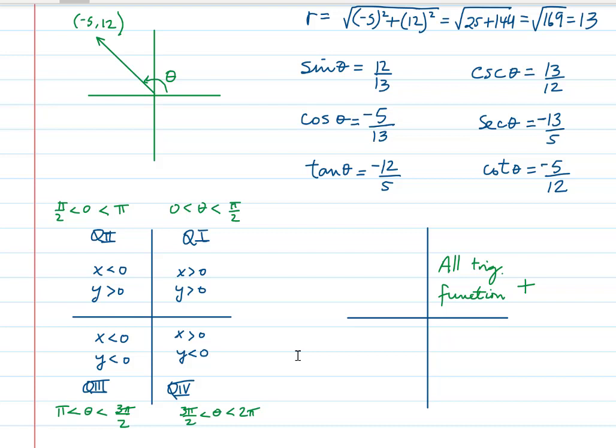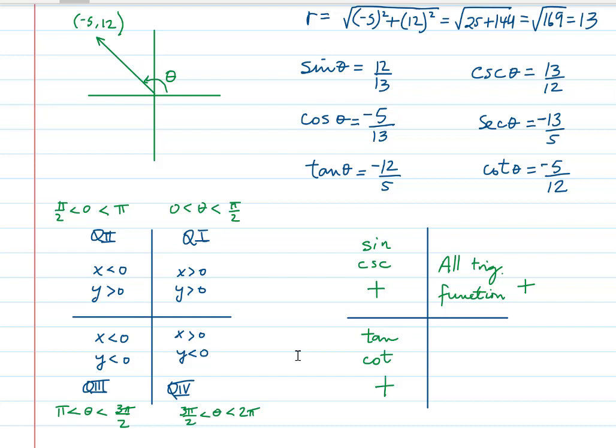So in the second quadrant, as we saw in the previous example, only sine and cosecant are positive, right? And that makes sense because they're reciprocals of each other. On the third quadrant, it's going to be tangent and cotangent. It's always the trig function with its reciprocal.